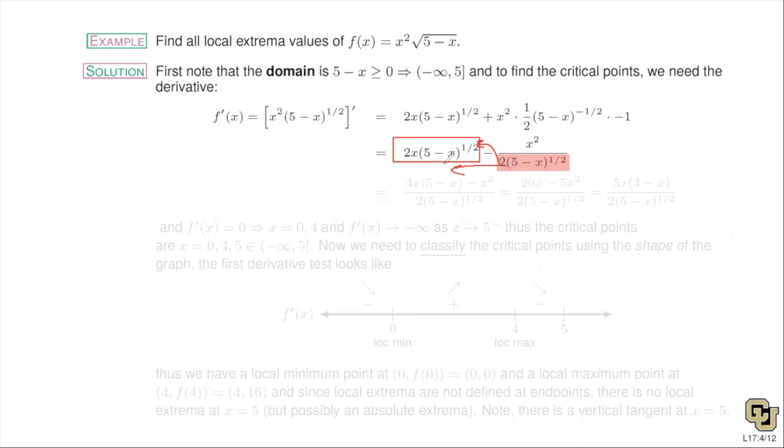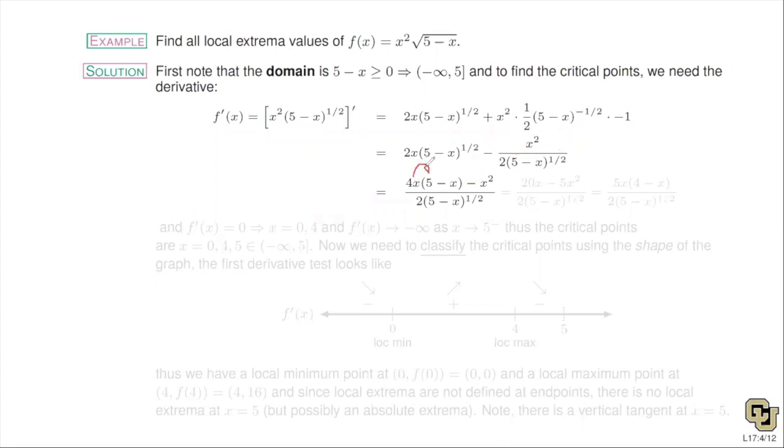The 2 times the 2x becomes a 4x, and (5 minus x) to the 1/2 times (5 minus x) to the 1/2 becomes 5 minus x to the first power, which I'm not going to write as a first power. And then I'm subtracting the x squared from the second fraction. Now I need to do some algebra and simplify the numerator.